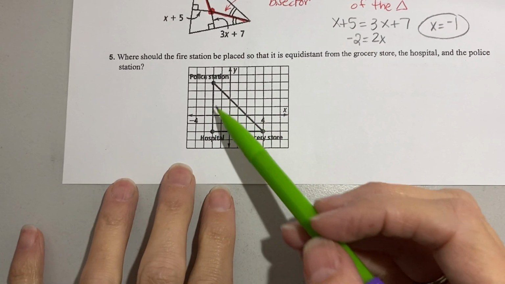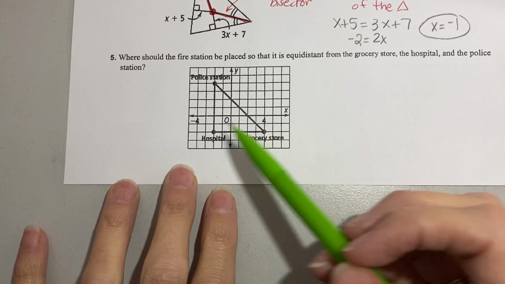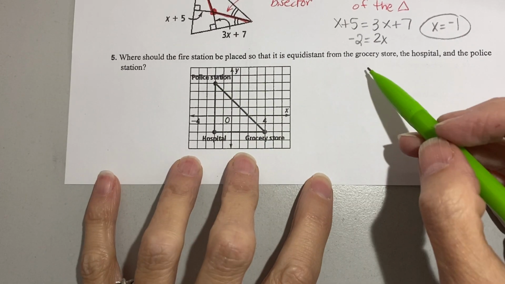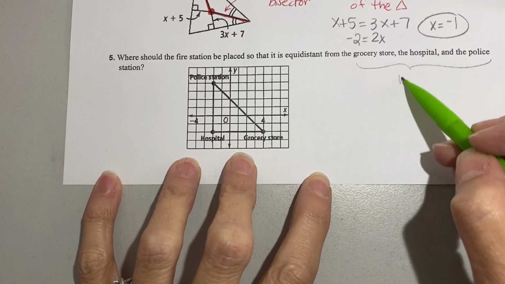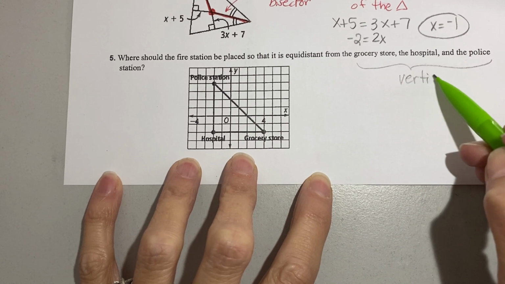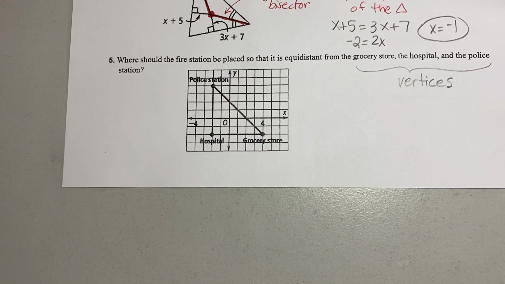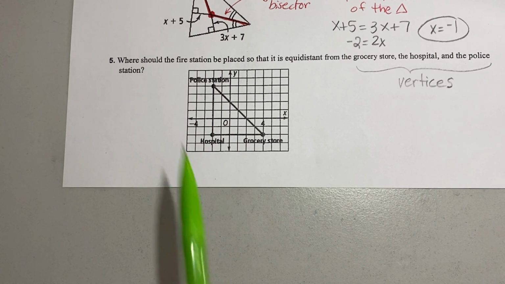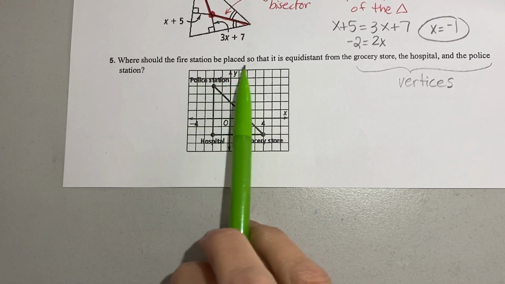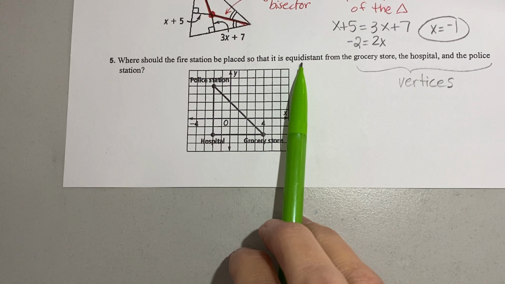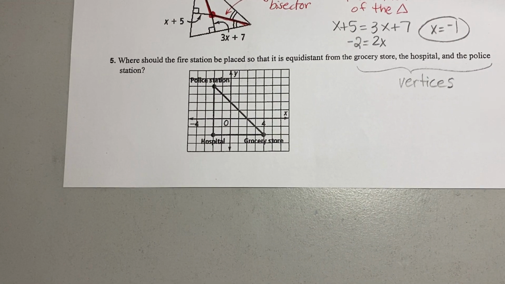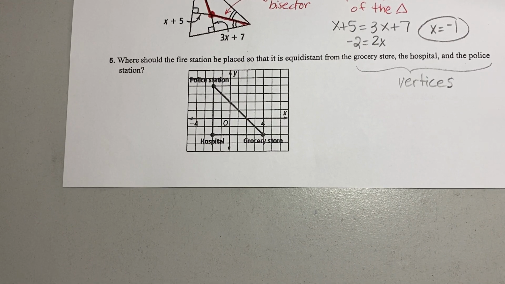Okay, so notice that the grocery store and the hospital and the police station, those are the vertices of the triangle, right? Those are the points of the triangle. And we want our fire station to be equidistant from those vertices.